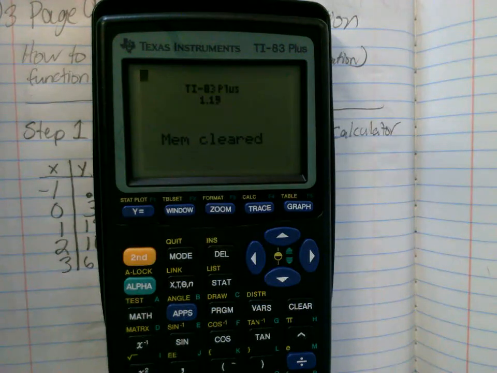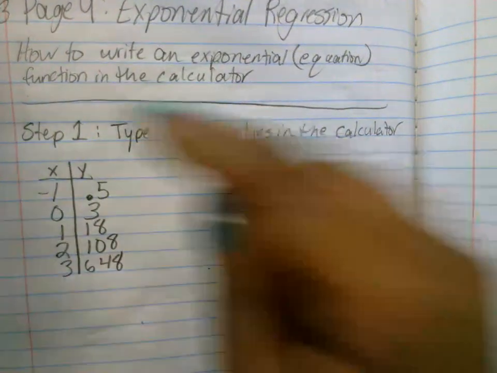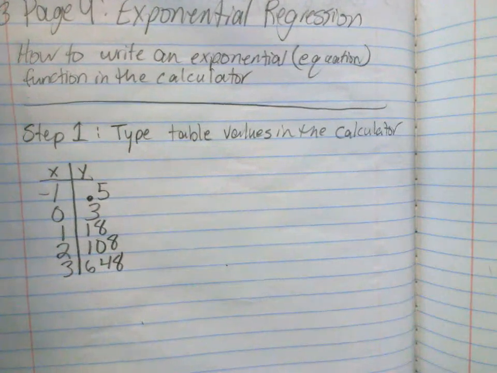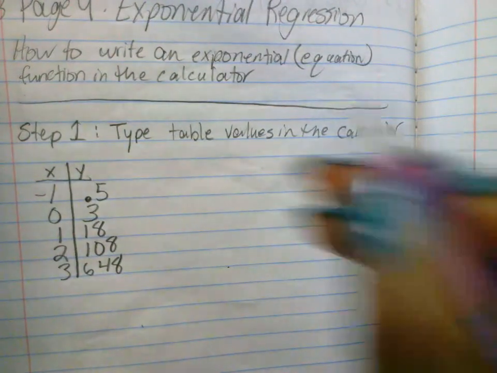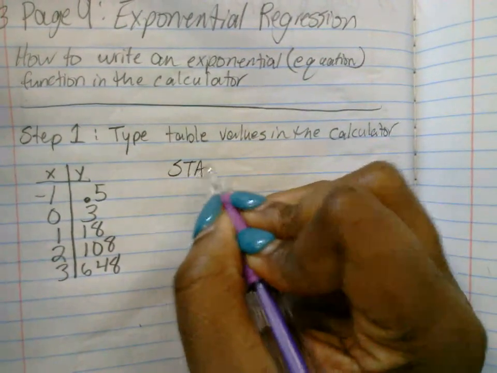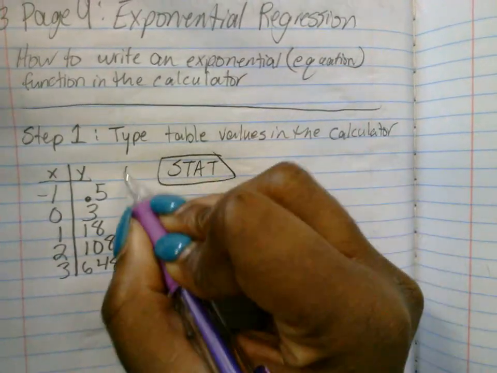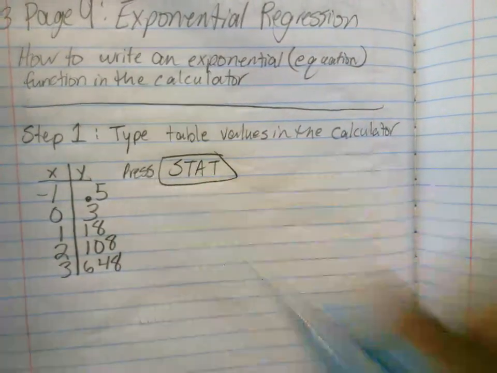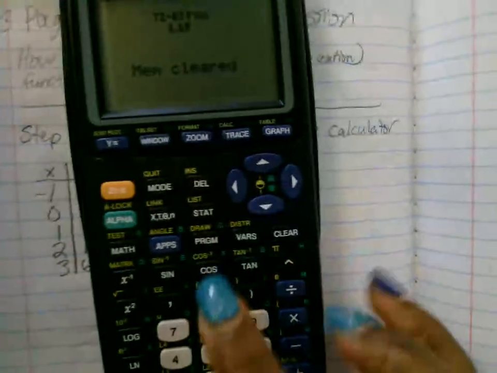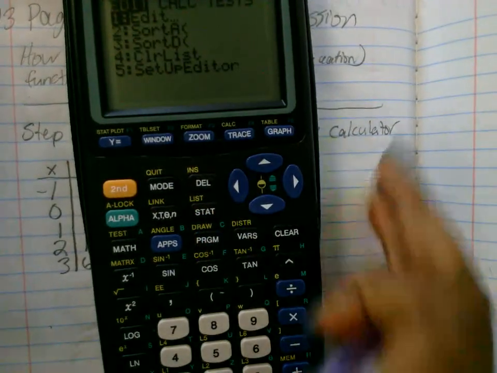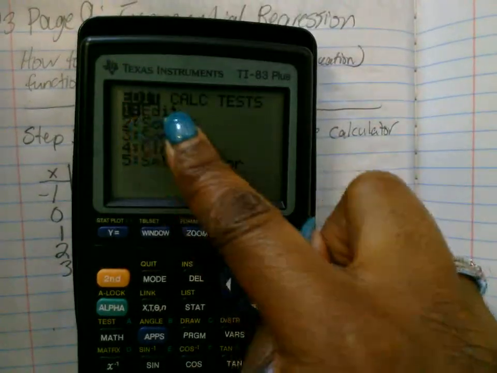All right. So now, in order to be able to type these numbers into a list, we're going to press the STAT button first. This is what you press first. Press that. And press enter on Edit.